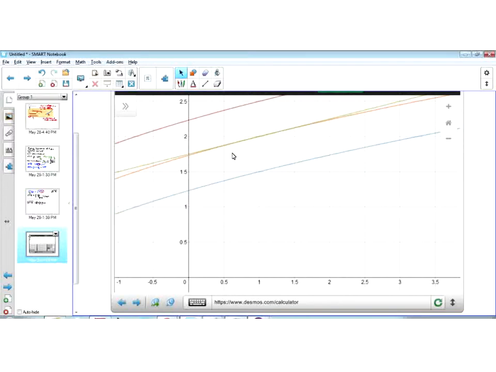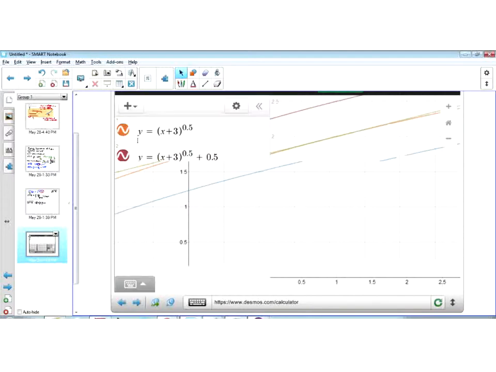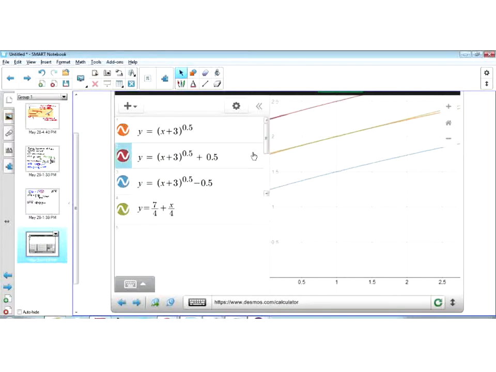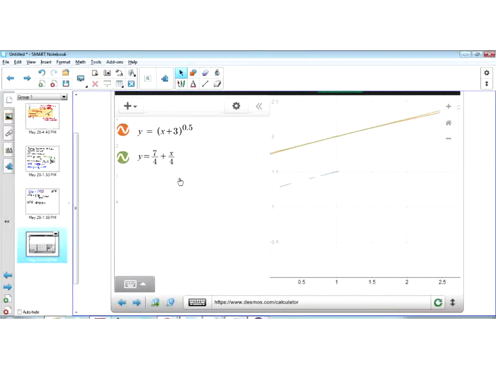So as long as the green curve stays within the boundary. You know something, I could probably do even better here. How about I do this? Let's make this interesting.